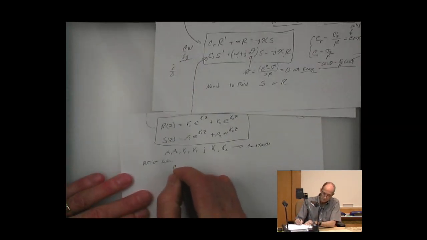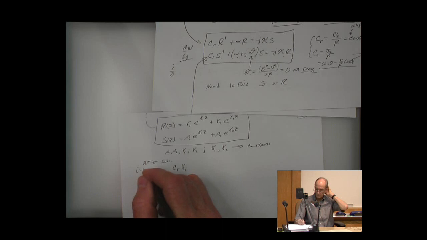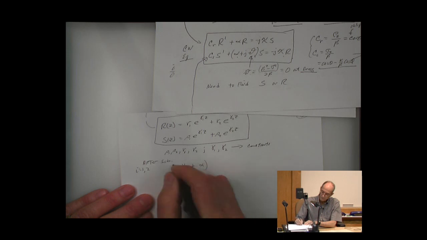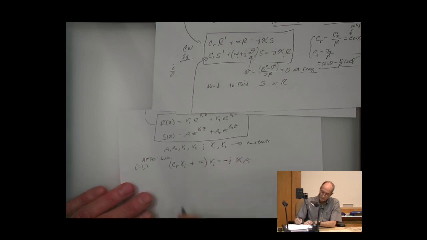We have C sub r, gamma I, where I is equal to 1 or 2 because we have two of them, plus alpha, and this is times r sub I, equals minus j kappa little s sub I. And for the second equation, we have C sub s gamma I plus alpha plus j times the detuning parameter, all times s sub I, equals minus j kappa r sub I.